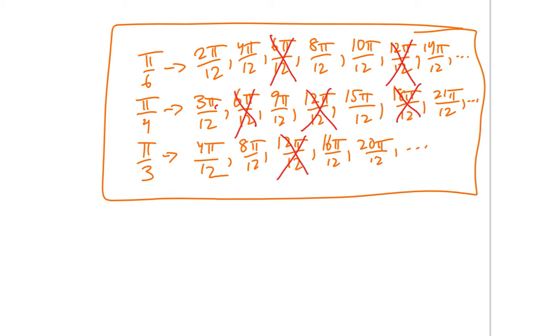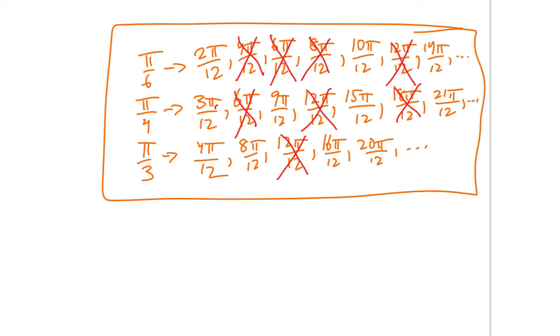So in that case, I would maybe cross this off and cross this off, because 4 pi by 12 and 8 pi by 12 are actually multiples of pi by 3. But again, you don't have to write out this list. You don't have to show this work.